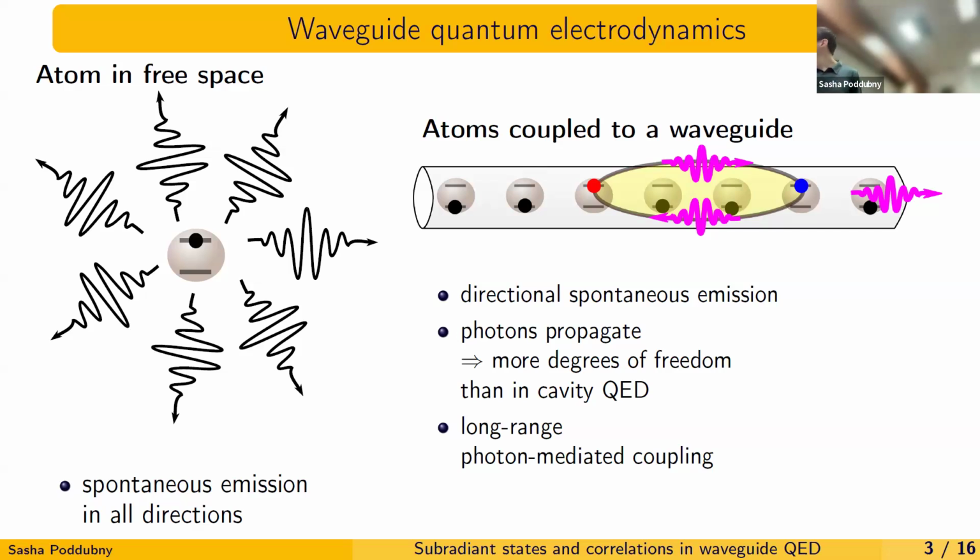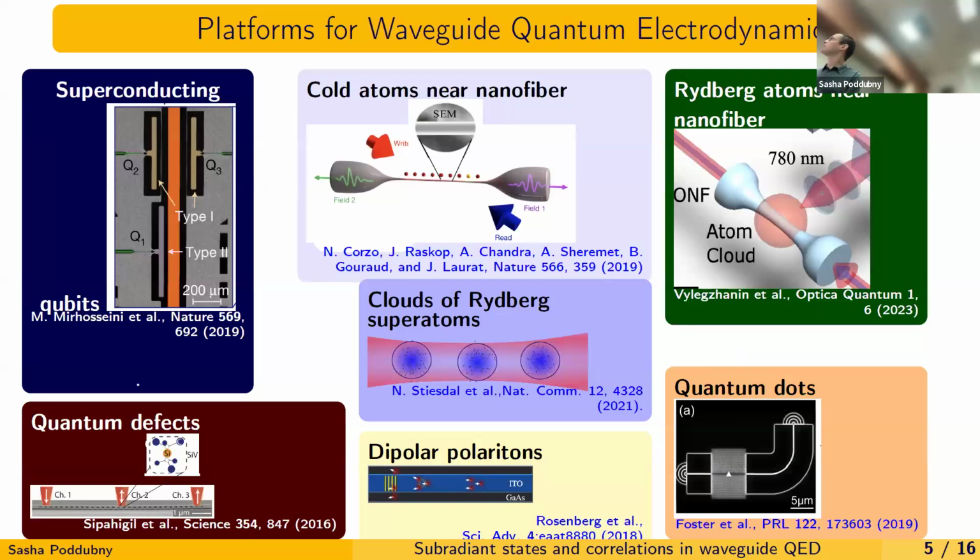If you have free space atoms like that, then only 10% at best of the emission goes through the waveguide, and 90% of the emission goes to free space. So they talk to each other 10 times more through free space than through the waveguide. You still can have some effects, but it's a challenge. But for superconducting qubits, 99.9% of the coupling goes through the waveguide.